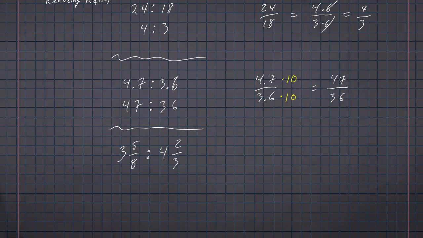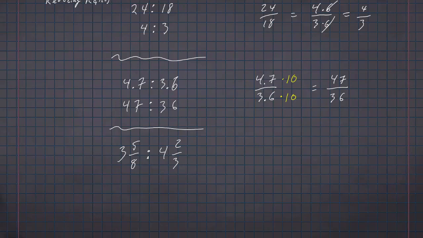Consider the ratio of 3 5/8 to 4 2/3. Before I do anything else, it turns out that it's very convenient working with ratios to take our mixed numbers and rewrite them as improper fractions.